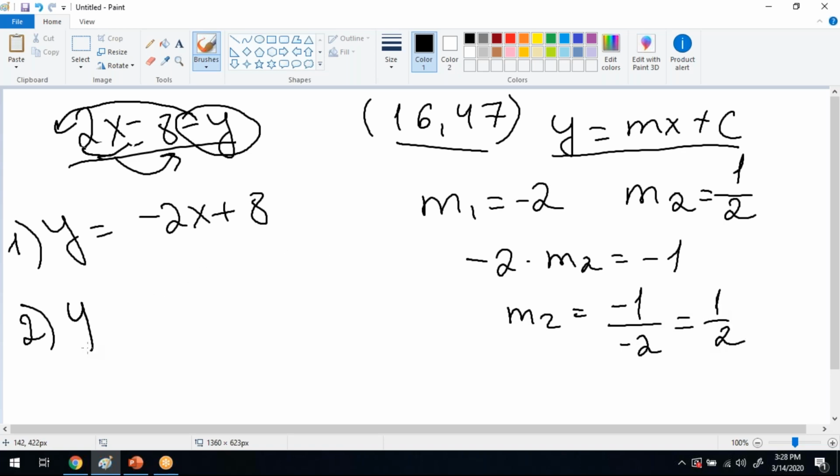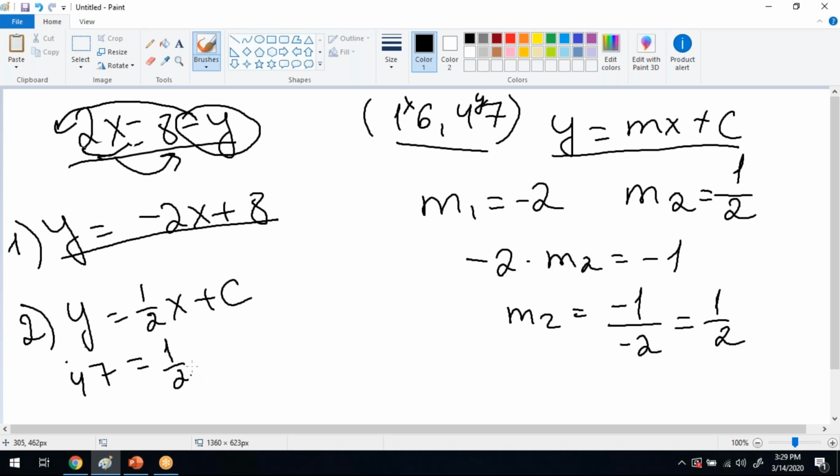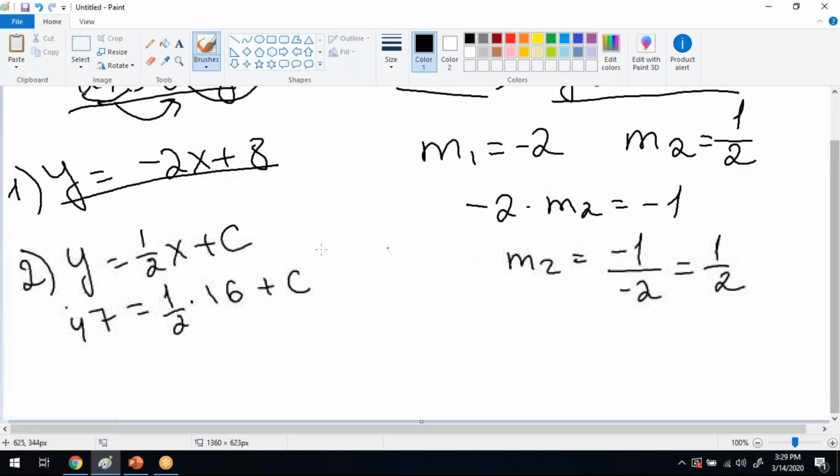So y equals 1 over 2 x plus c. Again, I have no idea about my c by knowing just the perpendicular line to it. I need to find c by plugging in the point. 16 is my x, 47 is my y. 47 equals 1 over 2 times 16 plus c. 16 over 2 is simplified, this is 8.